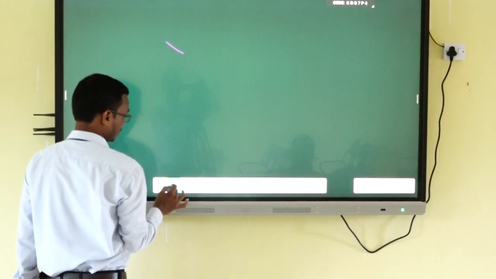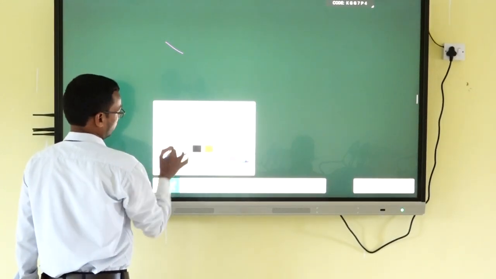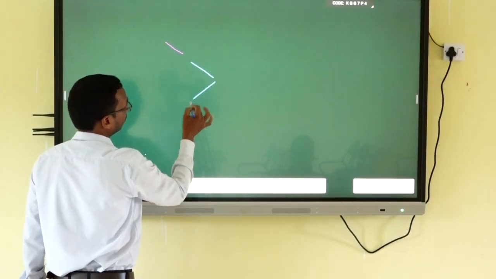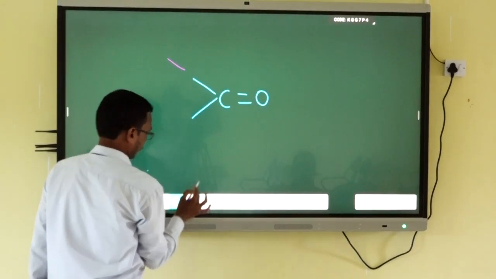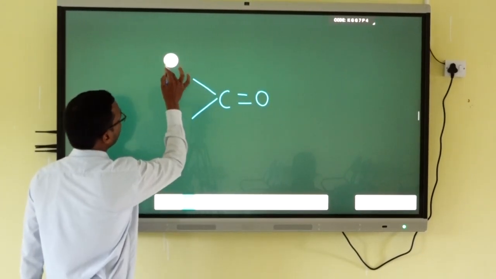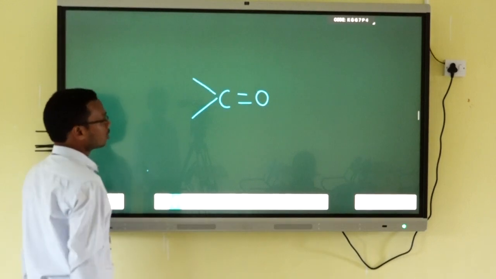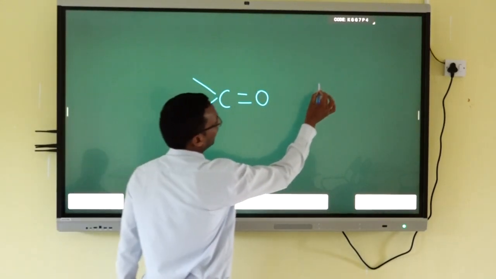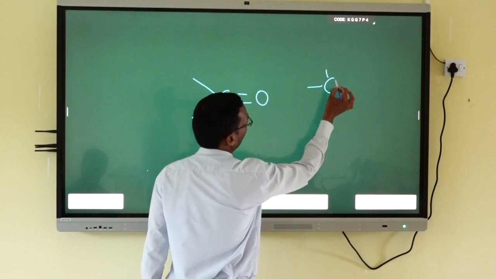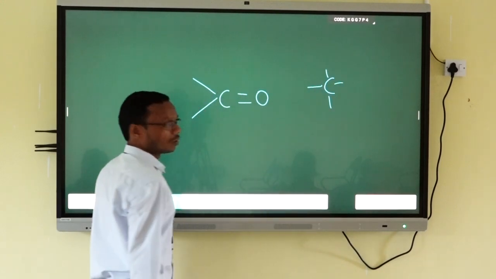You know, this is the carbonyl group, C double bond O. What is the valency of carbon? The valency of carbon is 4. Carbon is tetravalent, that means carbon has 4 valencies.